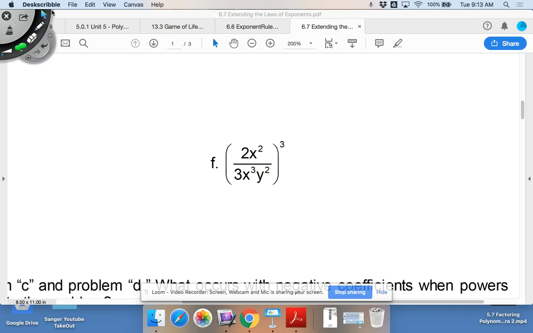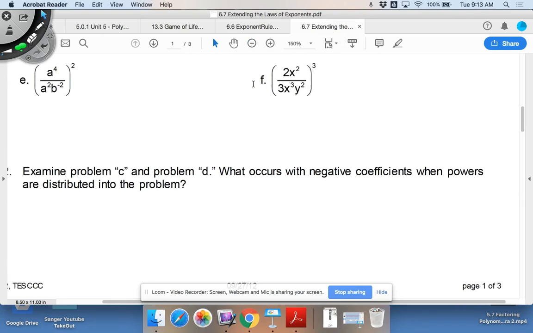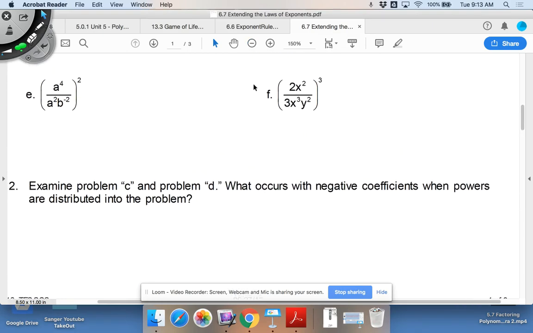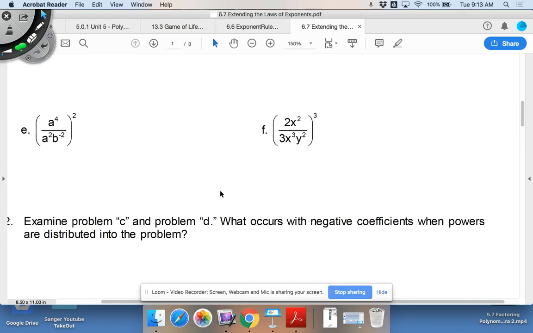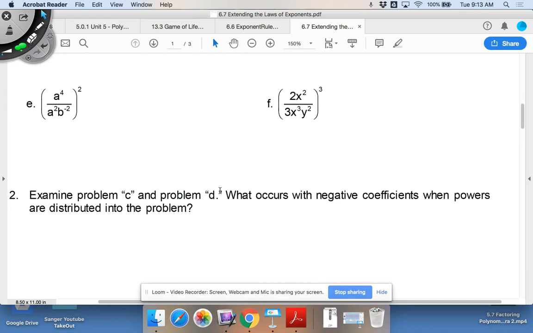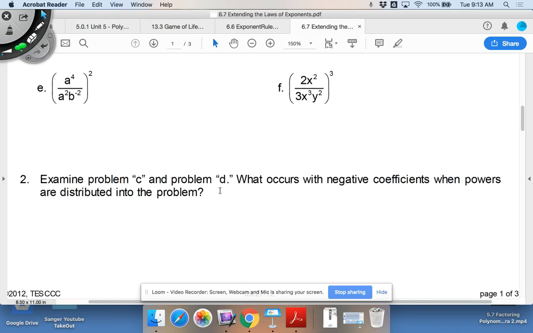All right, very bottom. Examine problem C and problem D. So we're looking at these middle problems. What occurs with negative coefficients when powers are distributed into the problem? Okay, so what we're talking about, in problem C, we had negative 4 to the third power.